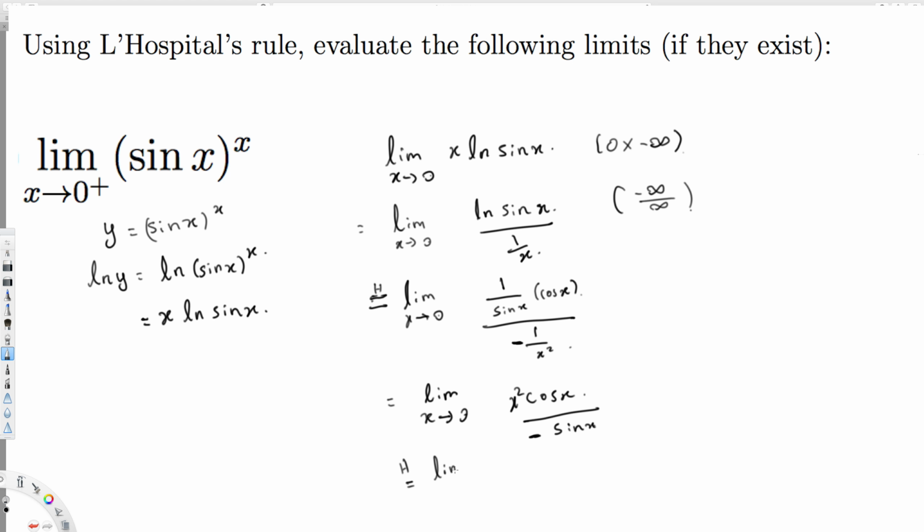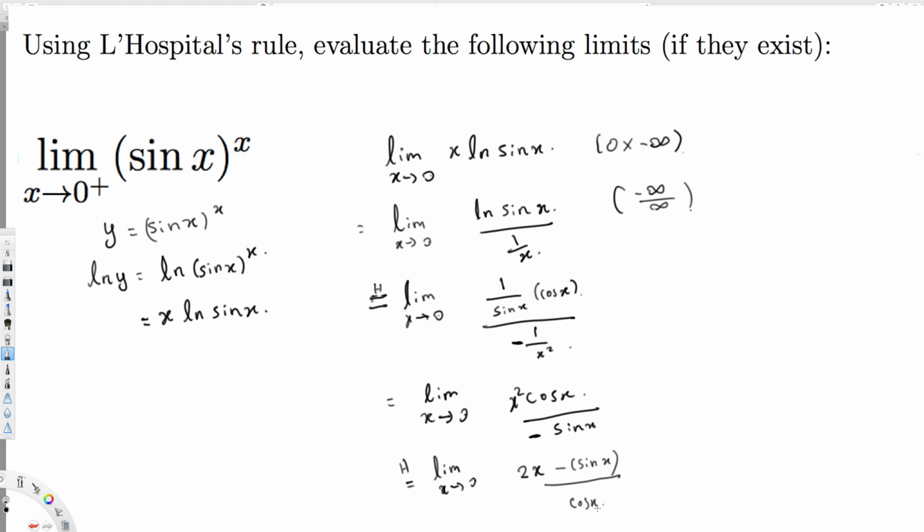The limit as x approaches 0: the derivative of x squared is 2x, times cos x, and the derivative of cos x is minus sin x, over the derivative of minus sin x, which is minus cos x. So 2 times 0 is 0, and 0 multiplied by cos 0 is 0. Minus x sin x is 0 minus 0, still 0.